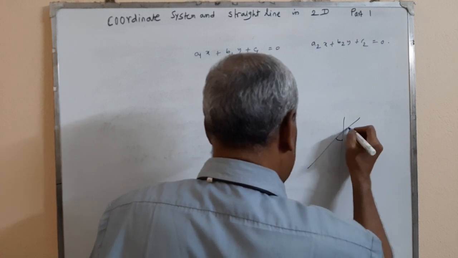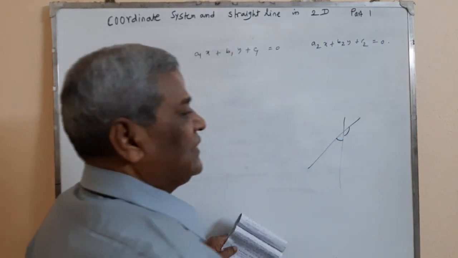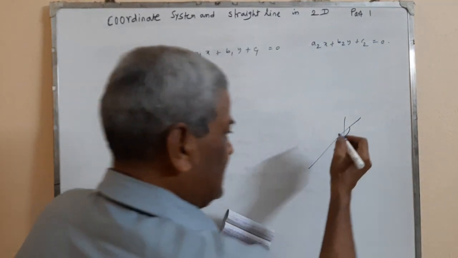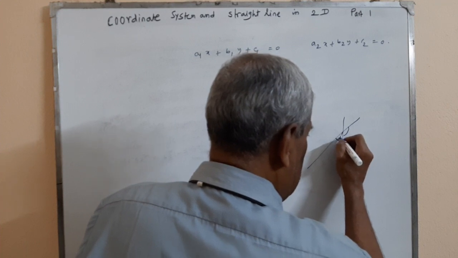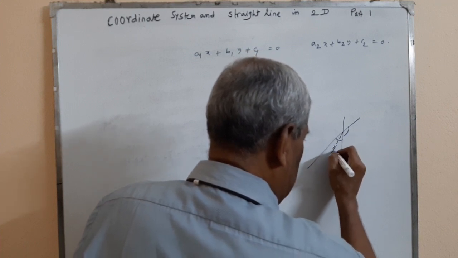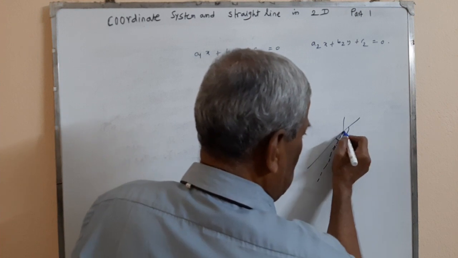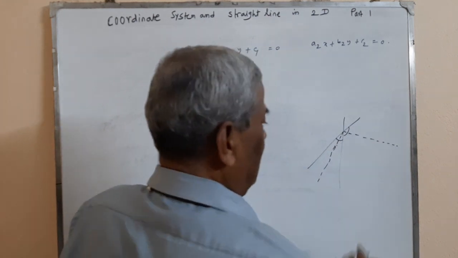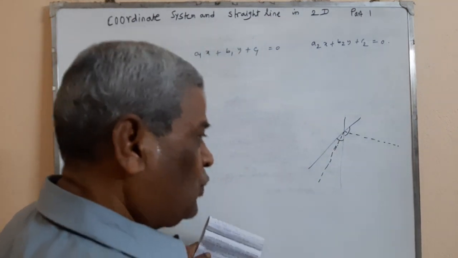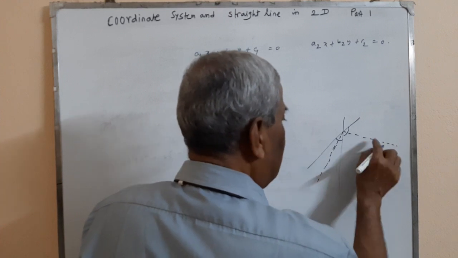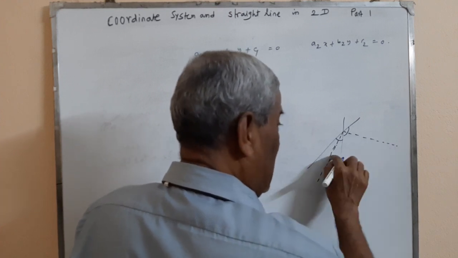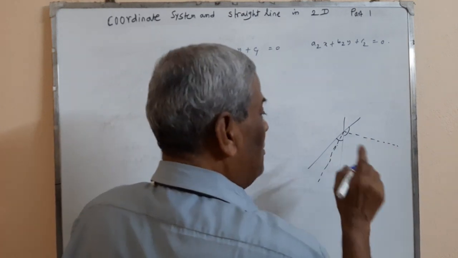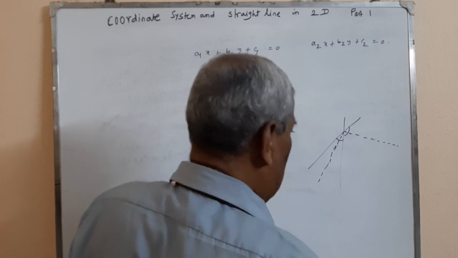One is this and the other is that. The equation of this bisector of this angle is this, and the equation of the bisector of this second angle is this. Number one, these two bisectors are straight lines, and they always make an angle of 90 degrees.